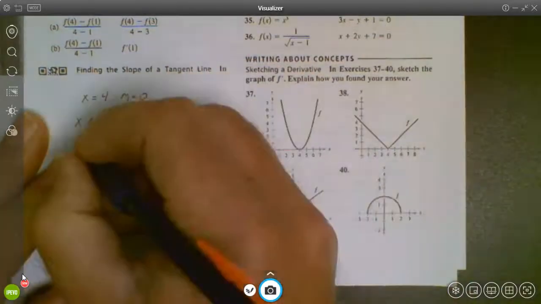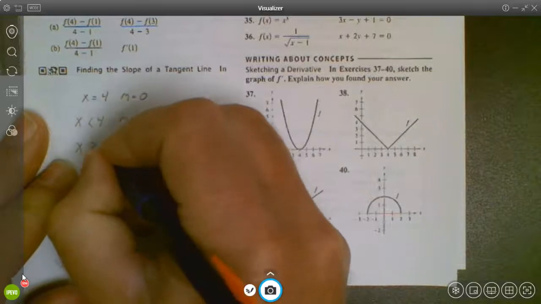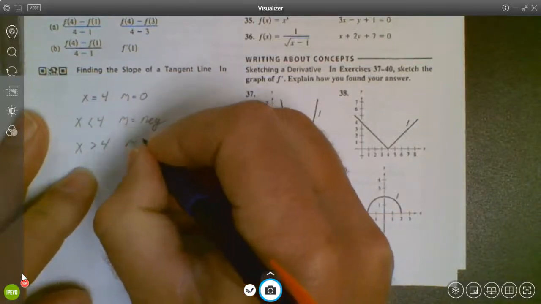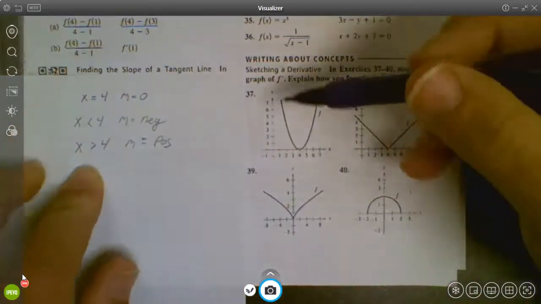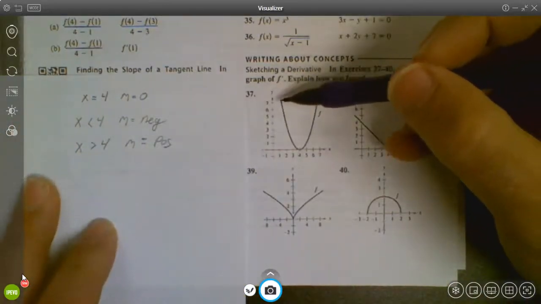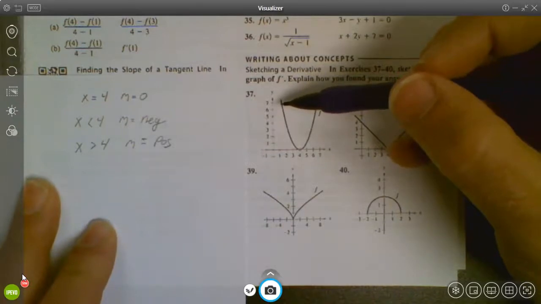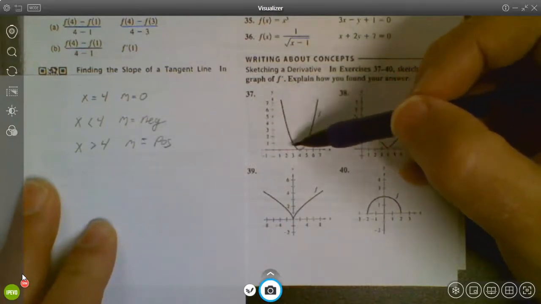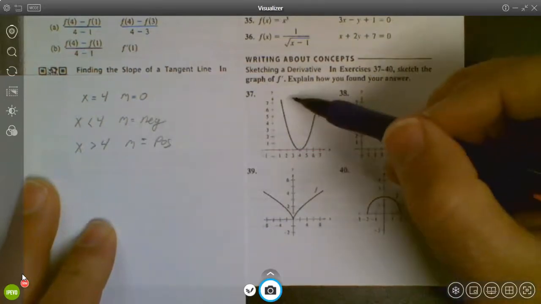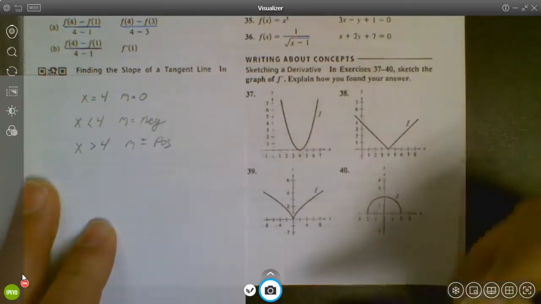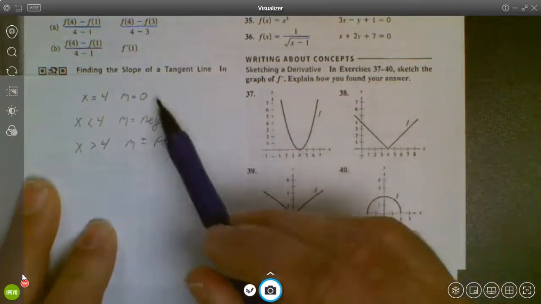And everything that's greater than 4, I'm seeing slopes that are positive. And they're not constant, right? These are changing slopes because this is a curve, right? It's not a line. A line would have constant slopes, but these are changing slopes that we see on this.